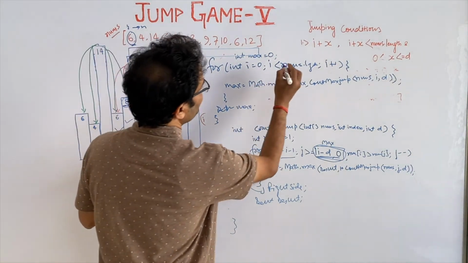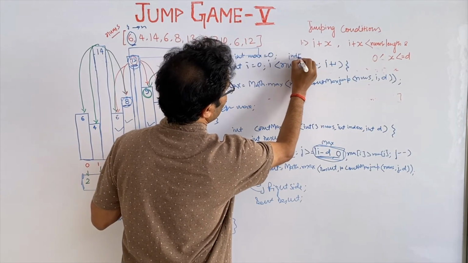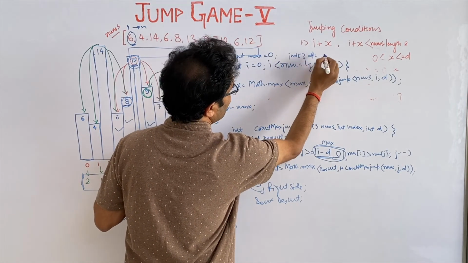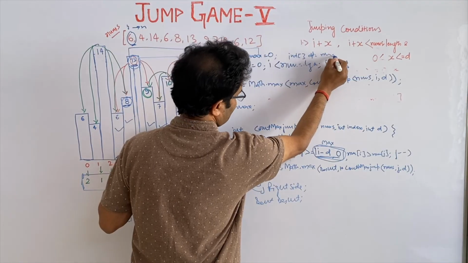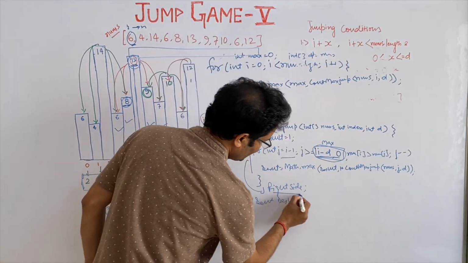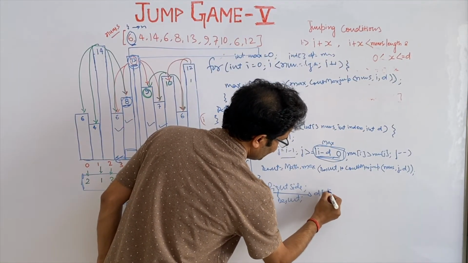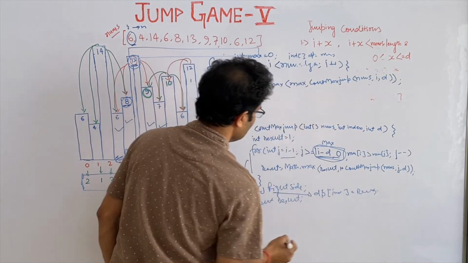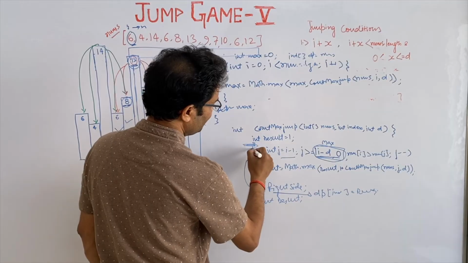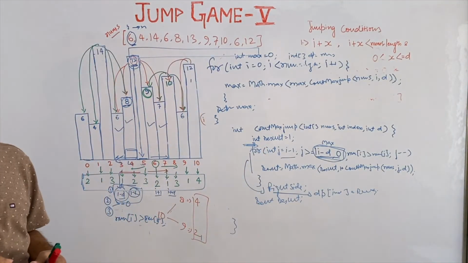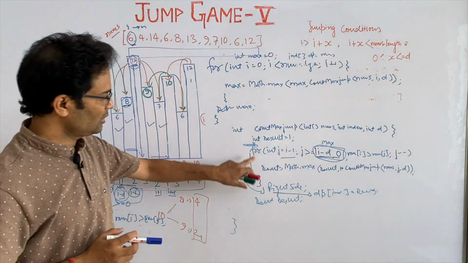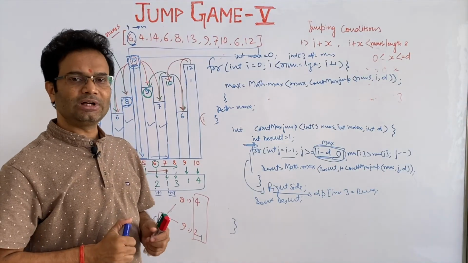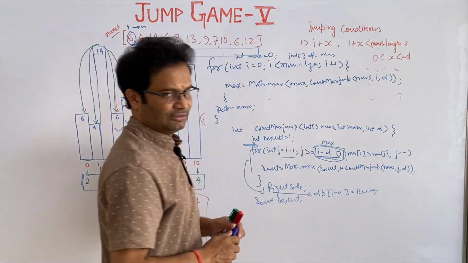So what I will do, I will take one dp of the same size as the nums size, and whenever you find the result, I will keep this result in the dp, and before calculating here I will check if that value is already there, then we will not do the calculation. If it is not there, we will do the calculation and keep the value in the result.